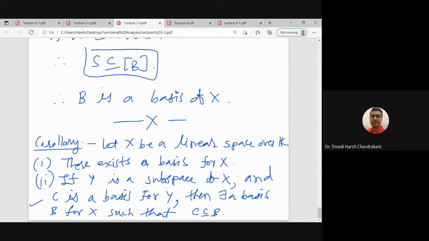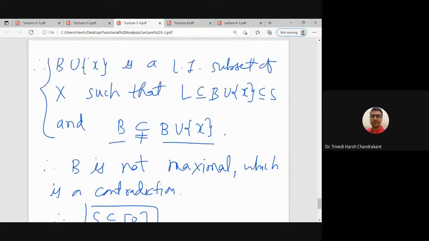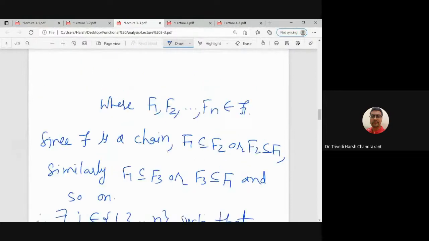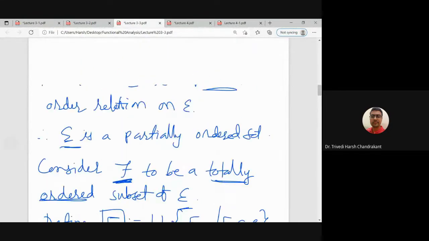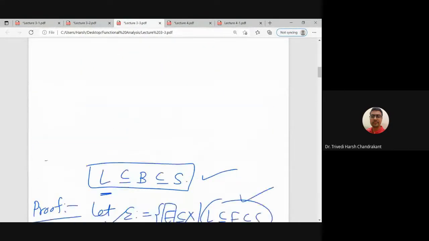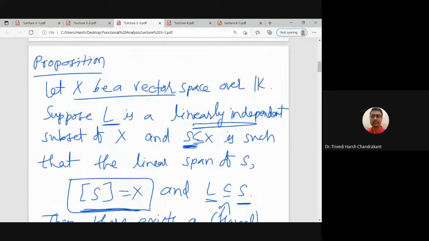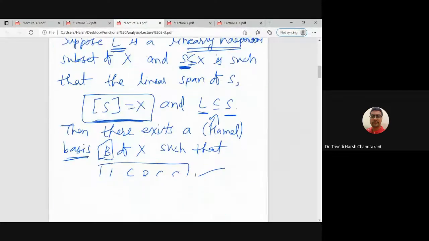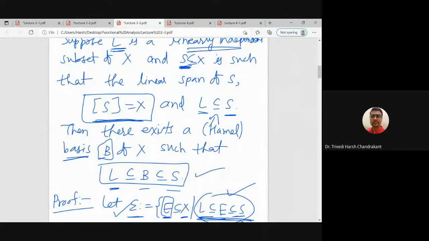So the first part says that for every vector space we have a basis. So we want to apply this proposition essentially. What is the statement of the proposition? It says that if we have a vector space in which we have an L and S, then we can find B such that L is a subset of B is a subset of S. Right.